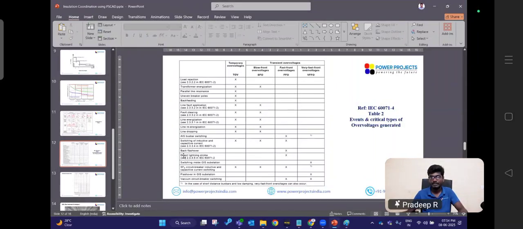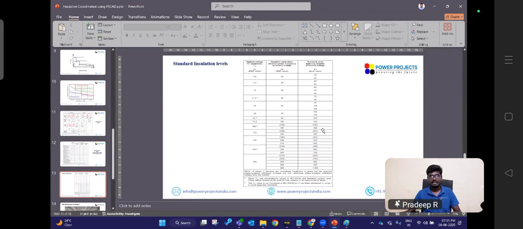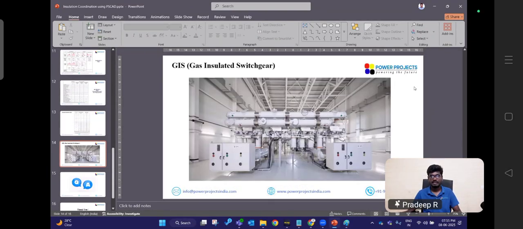Similarly for FFO: backflash, shower, direct lightning stroke, and FFO switching inside a GIS substation. See here, which means dedicated for GIS components. Clear? So these are the standard insulation levels.